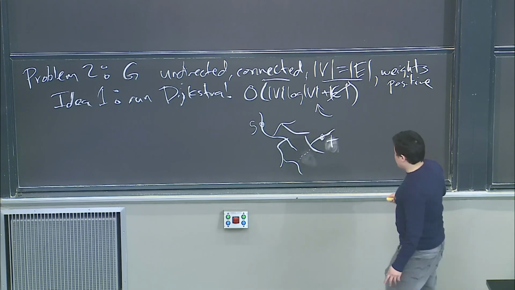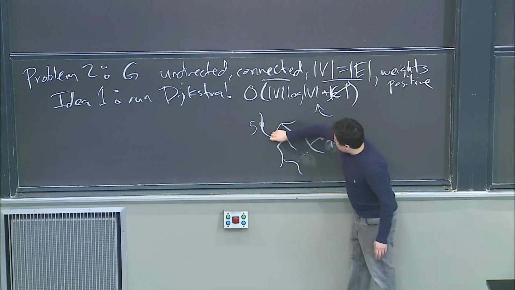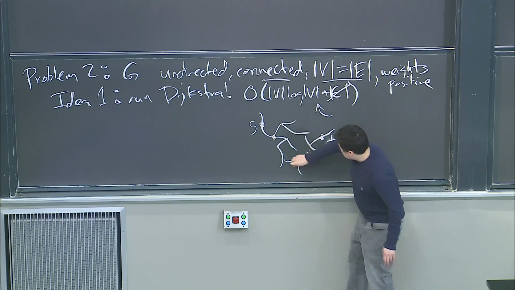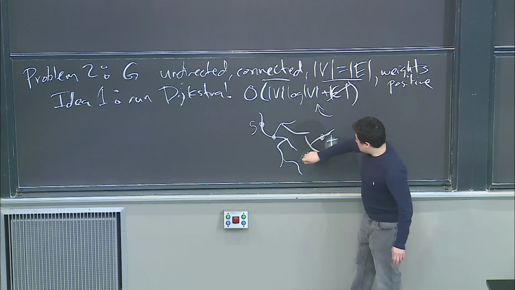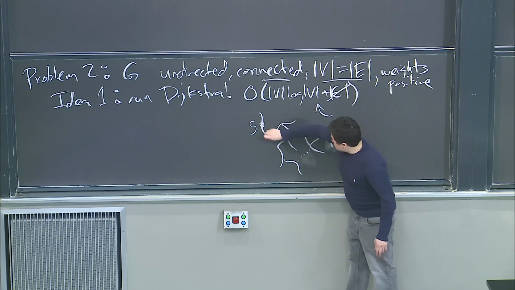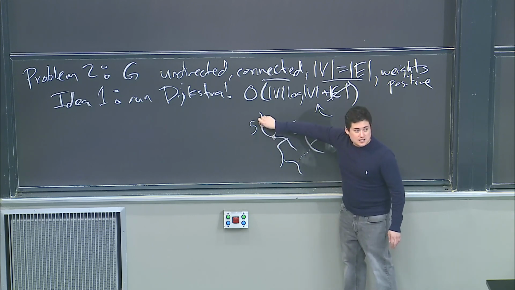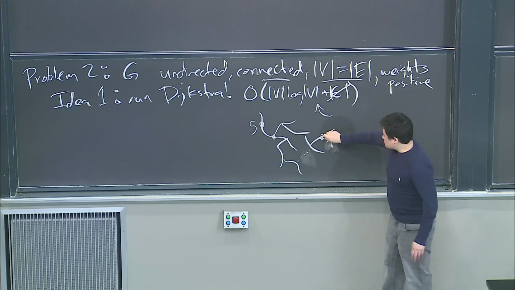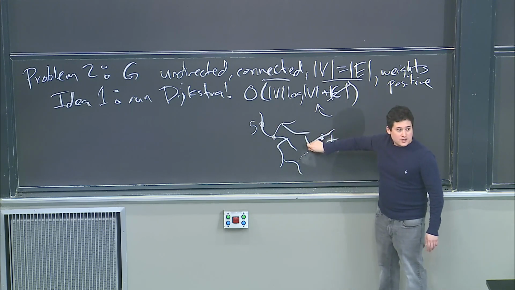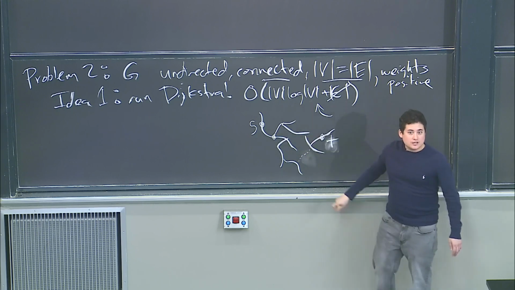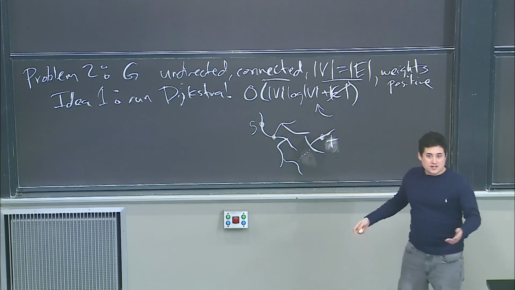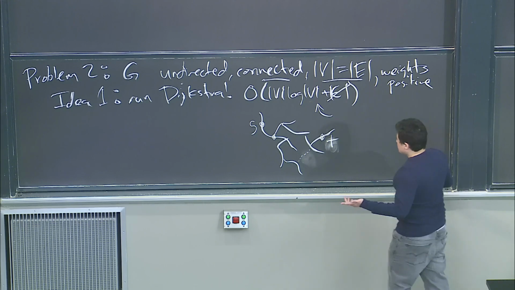That's the property, right? So this is the cycle. If this is the closest vertex to S, and this is the closest vertex to T on the cycle, then I could take either path around the cycle to get from one to the other, and that gives me my two paths.